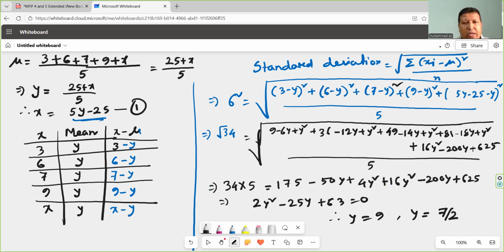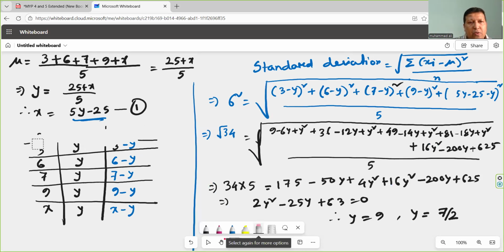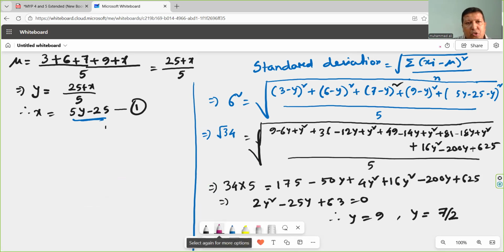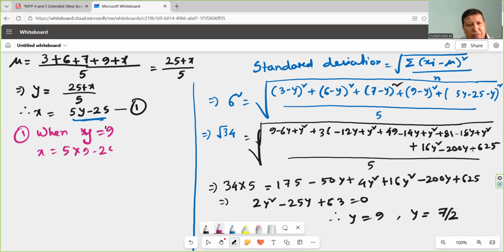Now we want to find the value of x. We put this in equation 1. When y equals 9, x equals 5 into 9 minus 25, so it will be 20.